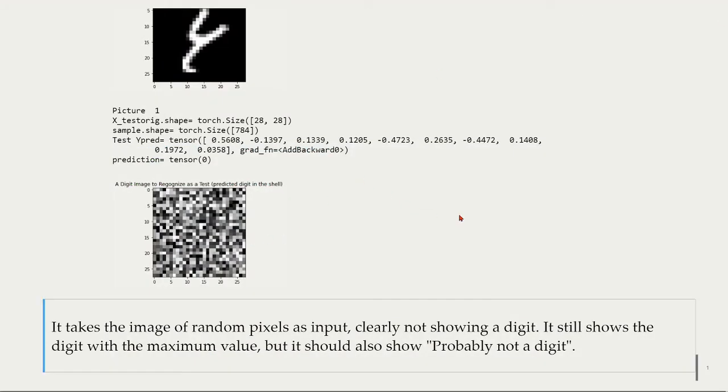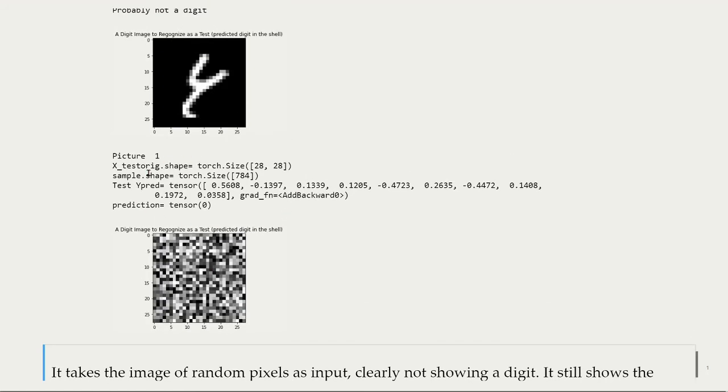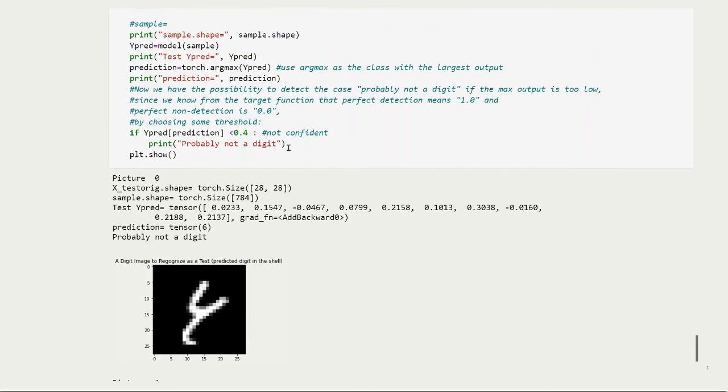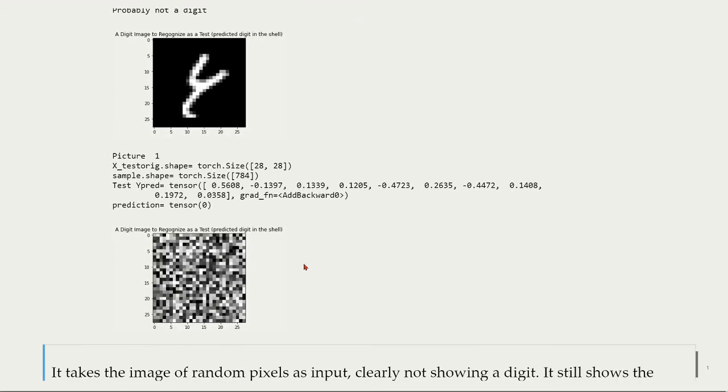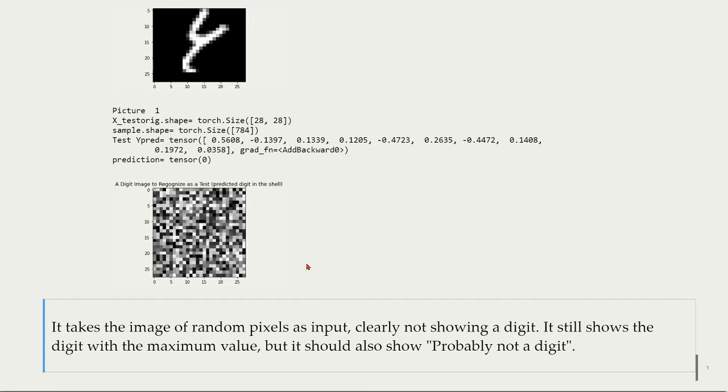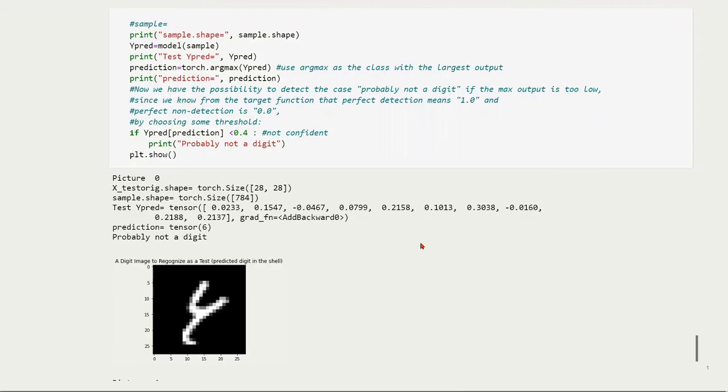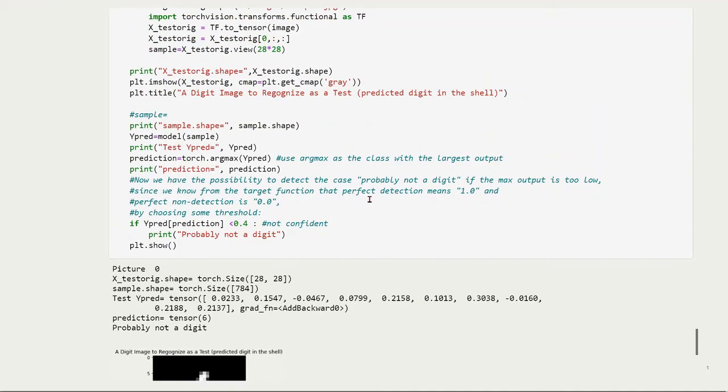Finally, we are also feeding an image of random pixels as input, and we see that it's not a digit, but our model thinks it's a 0, and we have a value that is higher than the confidence threshold that we set, so the model predicts a 0. So we need to be very careful in interpreting the results and setting correct thresholds.